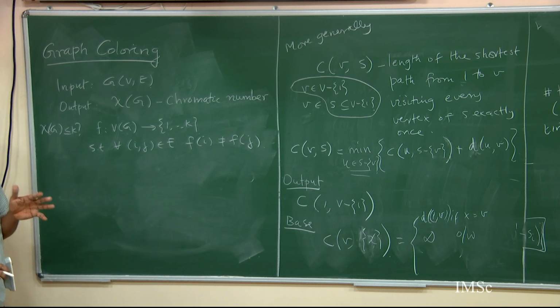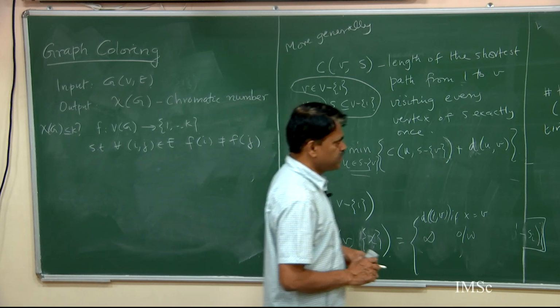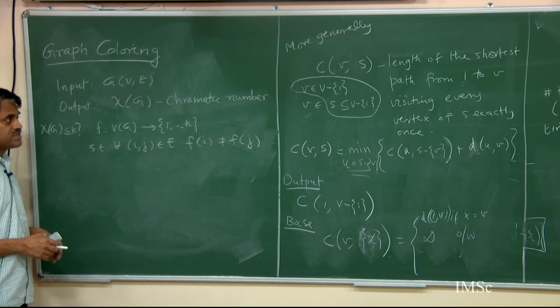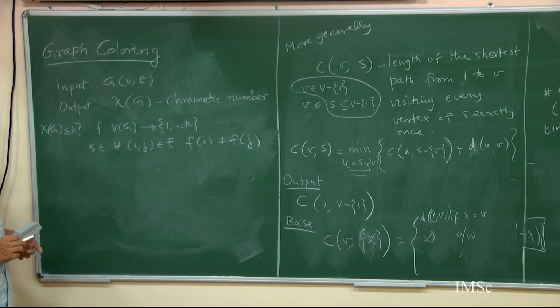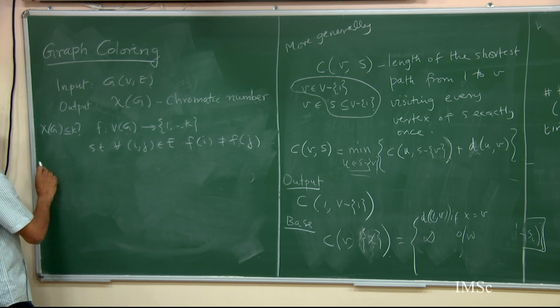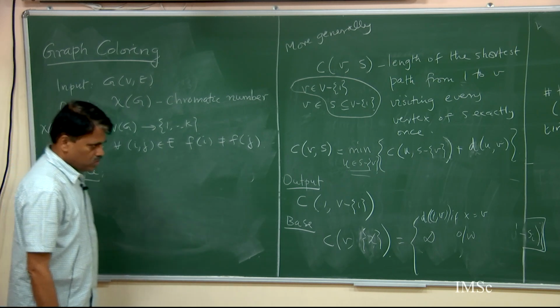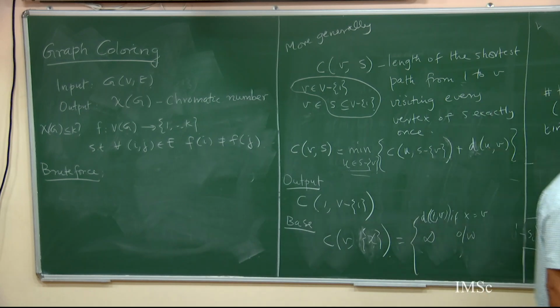So, set cover is a covering problem, TSP is a permutation problem, and this is a partition problem. So, what would be a brute force algorithm for this? Right, because it's not a subset, it's not a permutation problem.